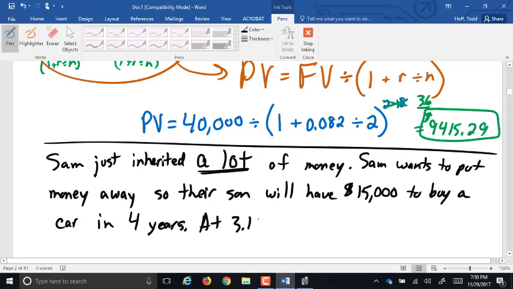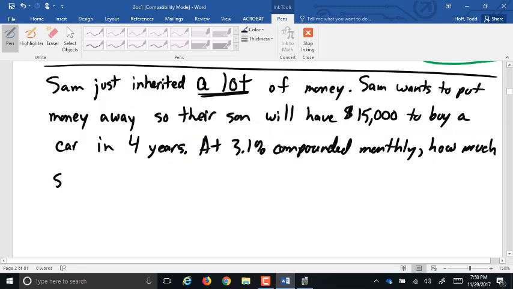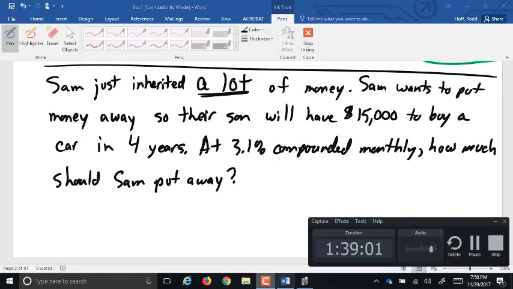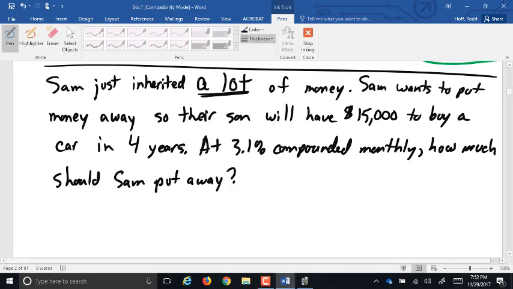At 3.1% compounded monthly. How much should Sam put away? I think you guys can handle this one on your own. I'm going to give you a couple minutes.